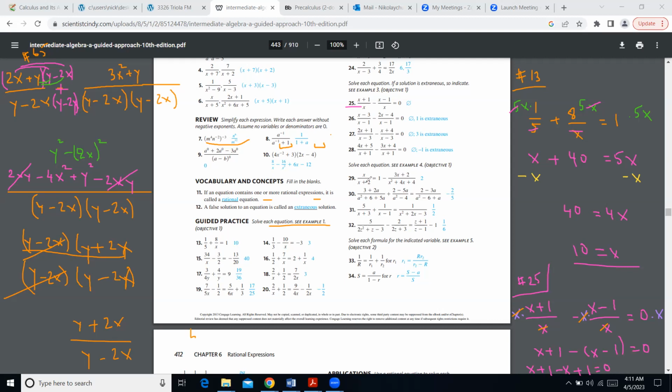So what do I get then? Well, looks like the x's are going to cancel, and you end up with something that is not correct. 2 is equal to 0, and this is not correct because 2 is not equal to 0.